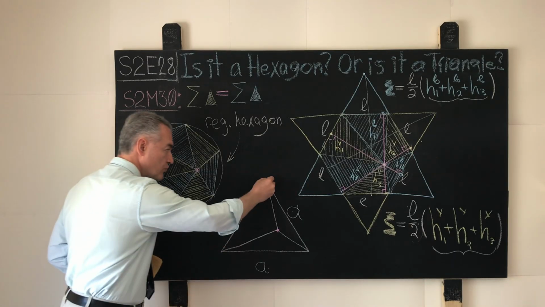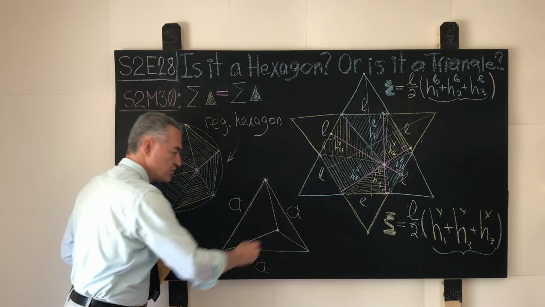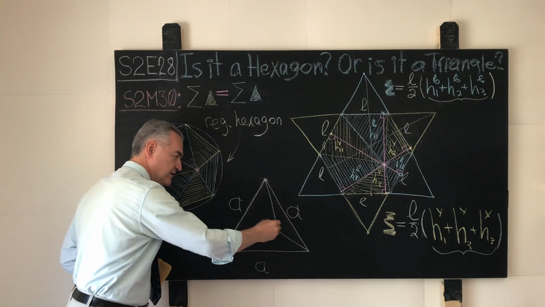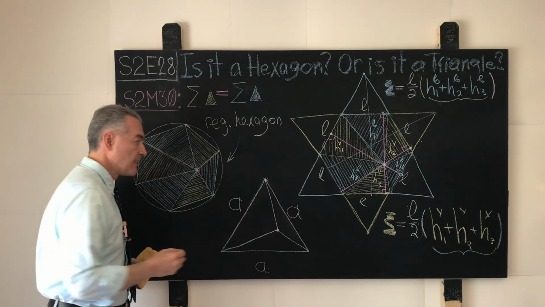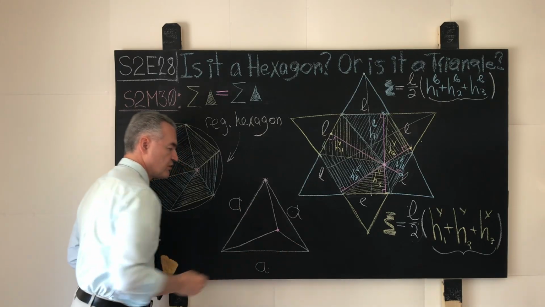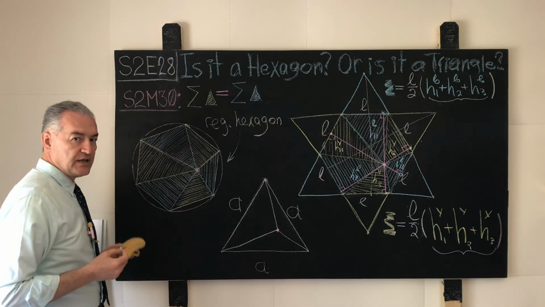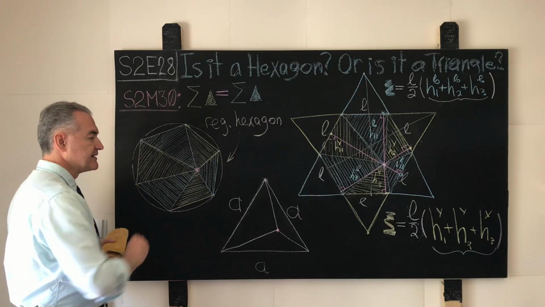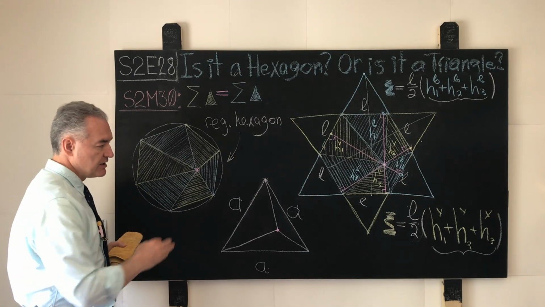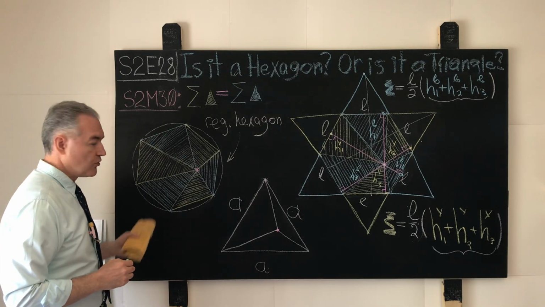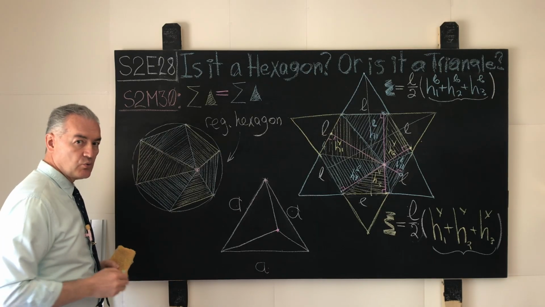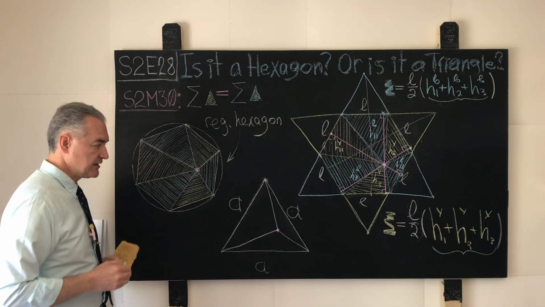Well, that maneuver of connecting the randomly chosen point in the interior of an equilateral triangle with the vertices of that triangle does what? It partitions or tiles the area of the parent equilateral triangle without gaps and overlaps.